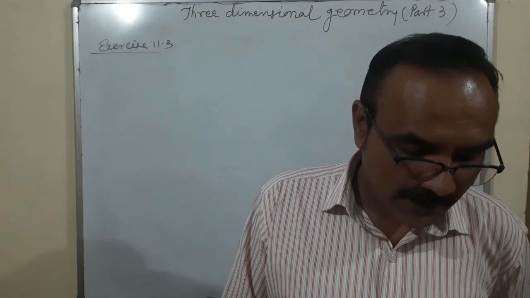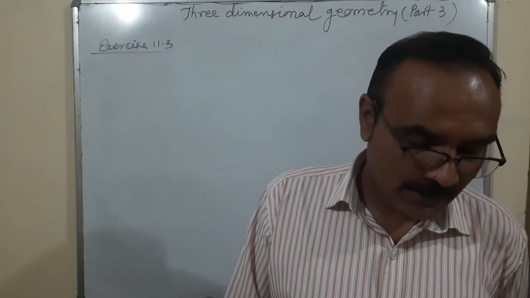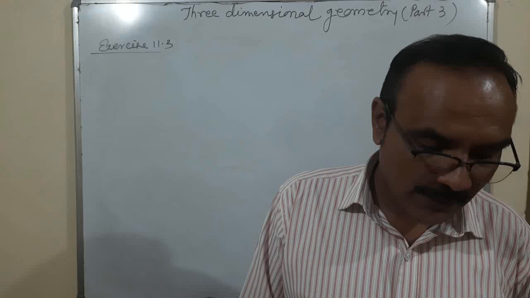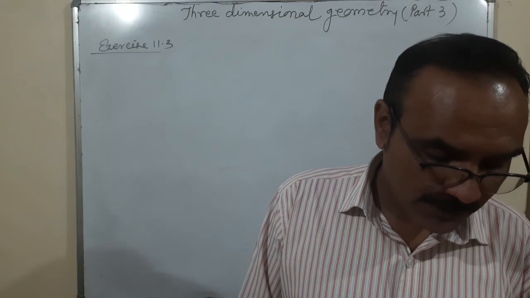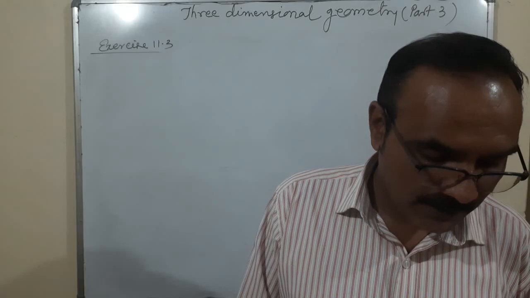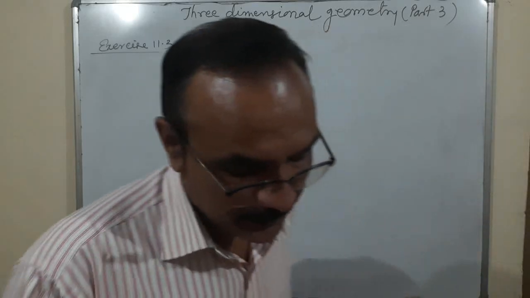Third question: find the Cartesian equation of the following plane. We are going to find out the Cartesian equation and the vector equations are given. So which question should I take? I think third, C part I want to take.